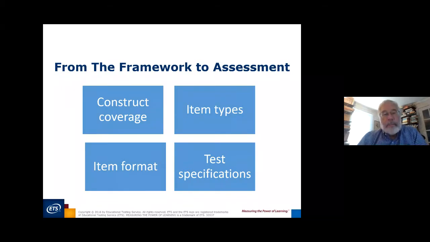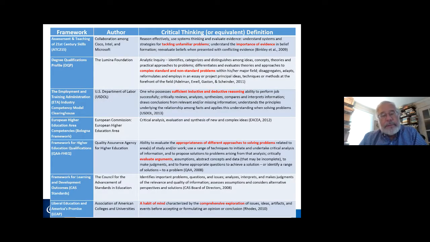So what we did, we had a framework where we tried to define the construct. We talked about item types, the format of the items, and that all led us to building test specs. Now, there are many different ways we could have done this. In this case, this was a framework. I don't expect you to read this, but the point is we went through a lot of literature, a lot of materials, attended a lot of conferences, and tried to determine what is the construct.